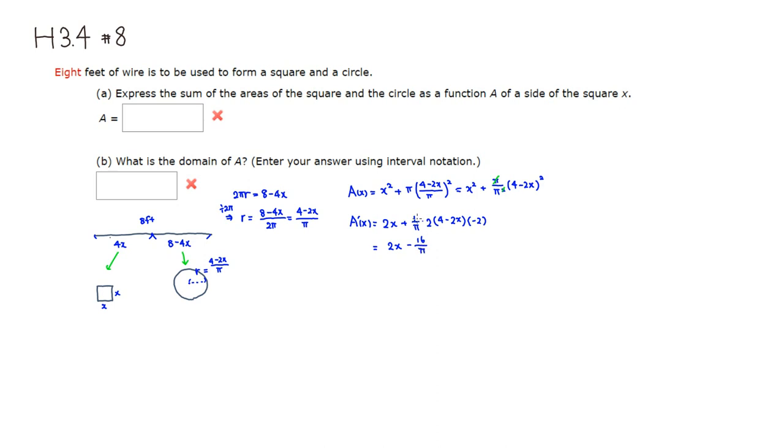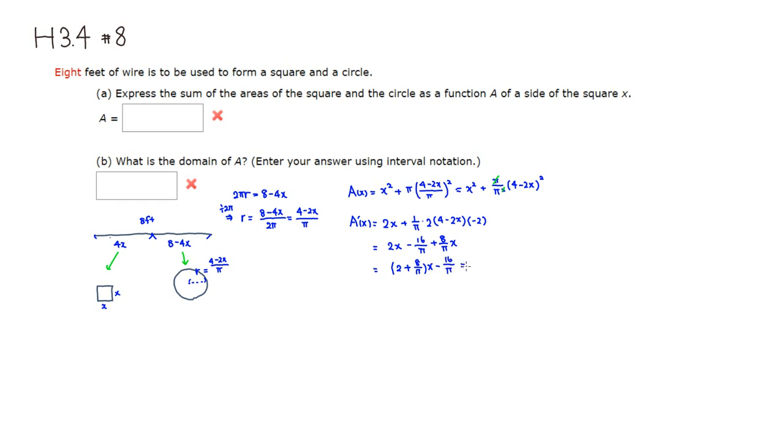And negative 4 over pi times negative 2x is going to be a positive 8 over pi x. Then we can combine the x terms together, so you're going to have 2 plus 8 over pi, x, minus 16 over pi.